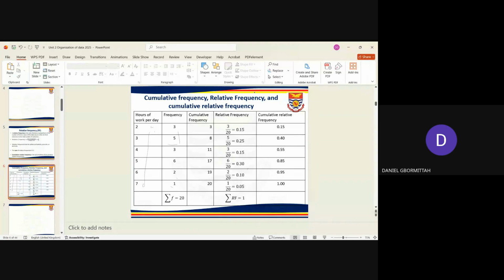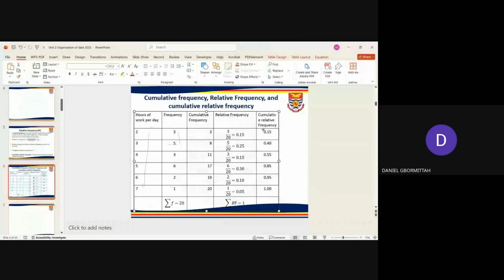If we want to do that, you can create another column, and then you can add the cumulative frequency.